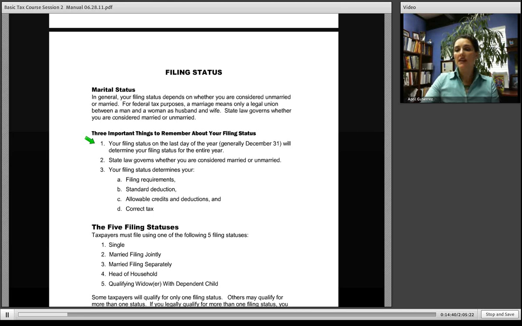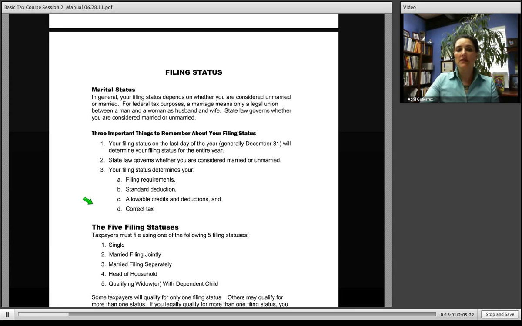So if state law says you are married, but you are involved in a same-sex marriage, then for federal purposes, that marriage is not recognized and you are considered to be single. And number 3, your filing status determines your filing requirements, standard deduction, allowable credits and deductions, and your correct tax.